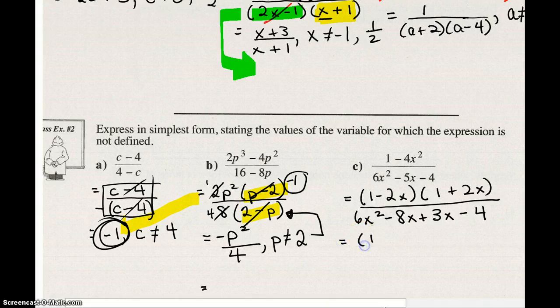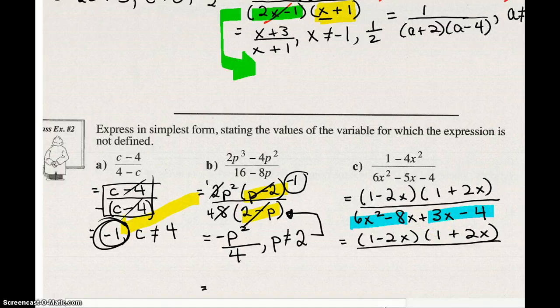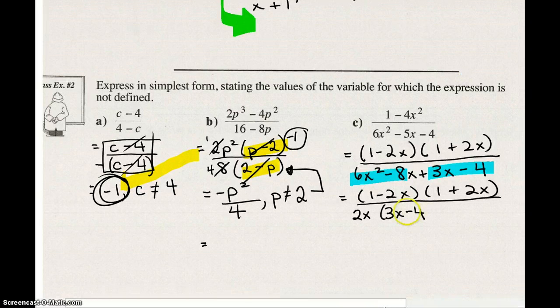Next step, leave my 1 minus 2x, 1 plus 2x on my numerator, but on my denominator I will do the grouping. So recognize what I'm doing here. When I do that, I end up with a 2x on the bottom, 3x minus 4, plus 1, 3x minus 4.